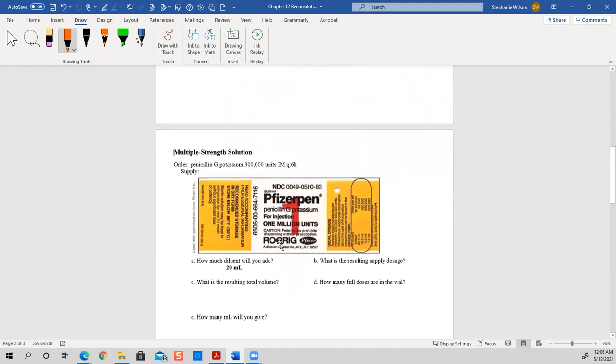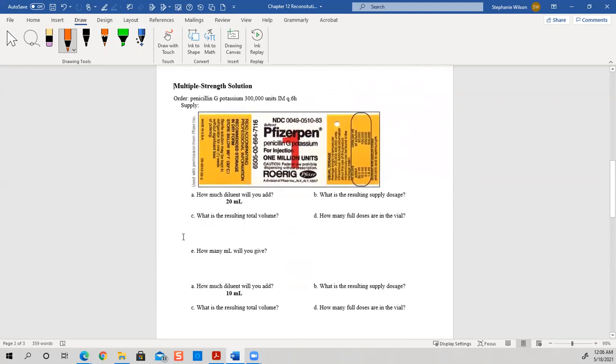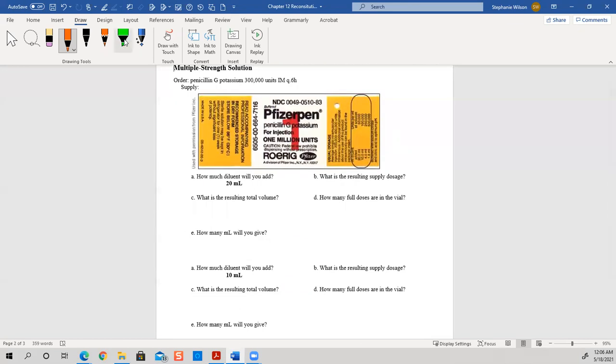Let's do a multiple strength solution. So a multiple strength solution tells me that I can have multiple dilutions going on, right? And I'm going to highlight this, hoping that you can read it better. So the label tells us that if you see here, it shows 20 milliliters.